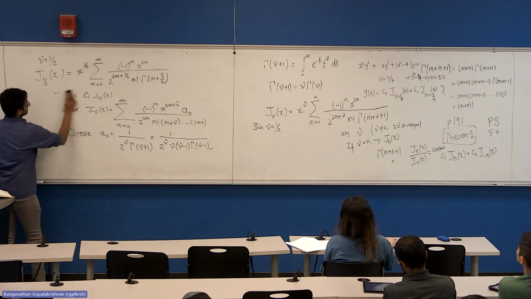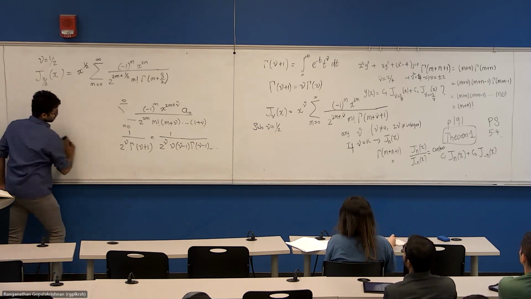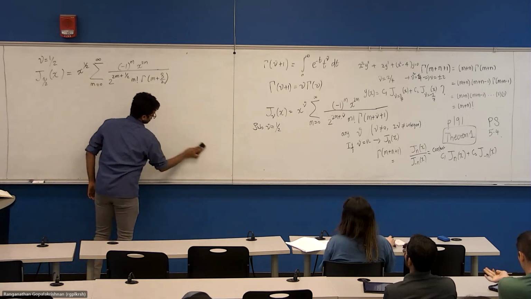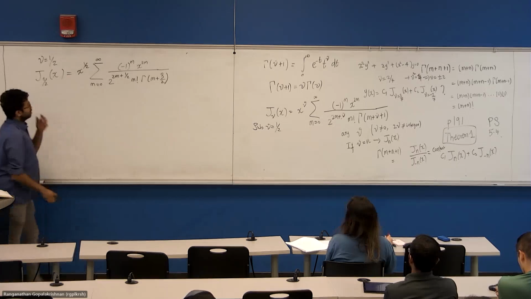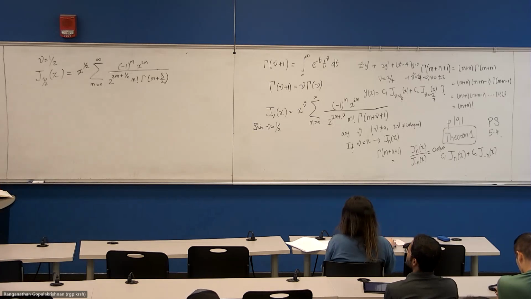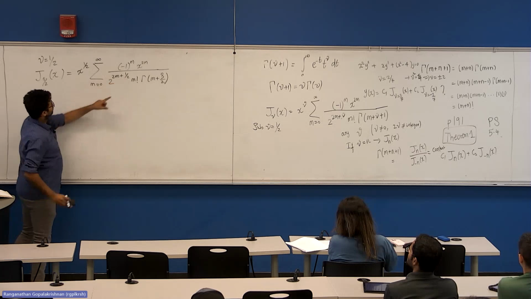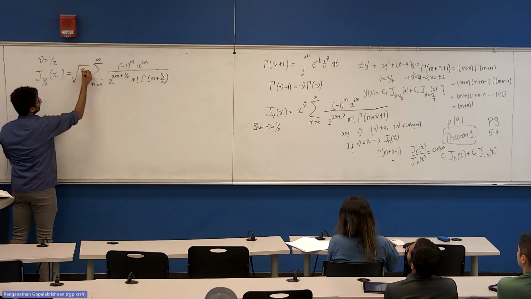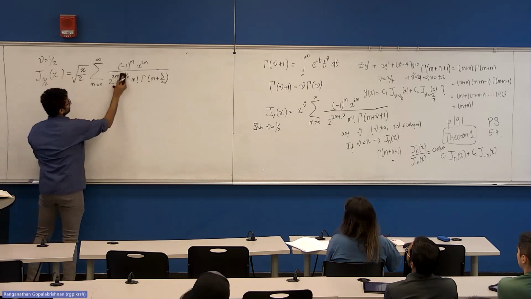Okay, let me clear some space. So I'm going to write this: I have a 2 power half here, I have a x power half. I'm going to write this as square root of x over 2 and remove it from here.